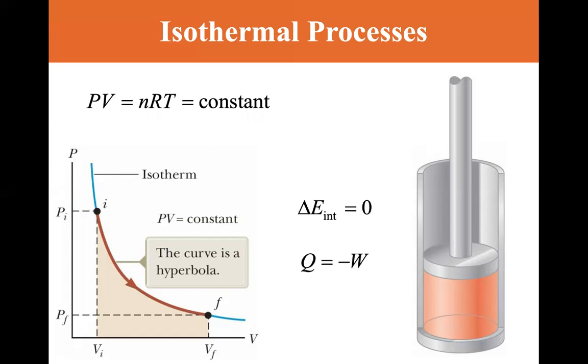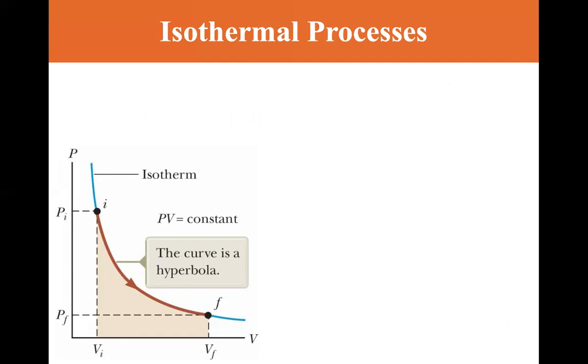Q, the heat of the system, equals the negative of the work. Okay, let's see, the work equals the negative of the integral from initial volume to final volume of PdV.